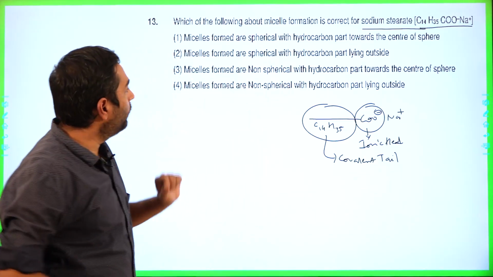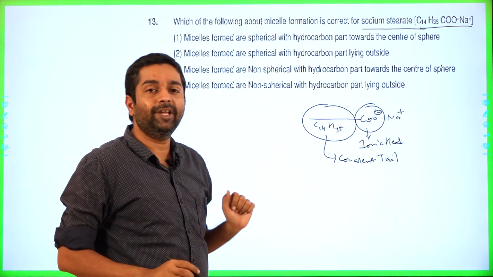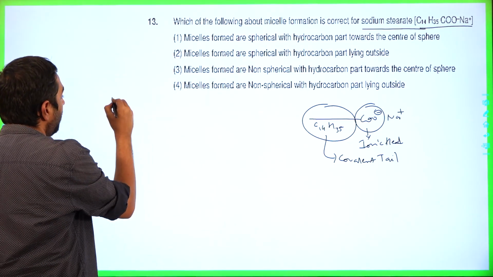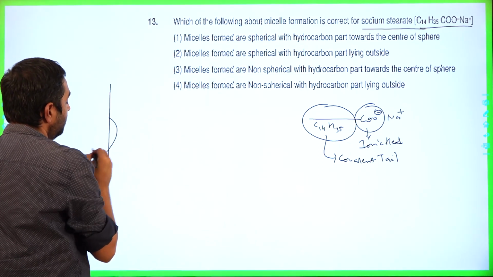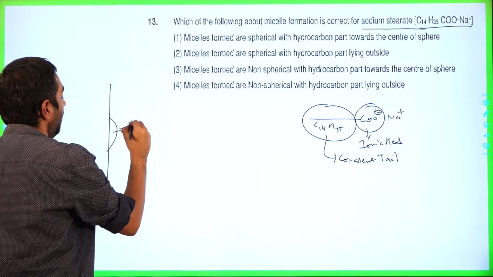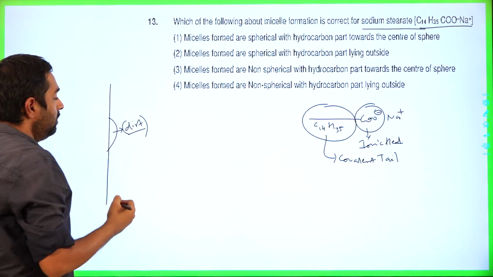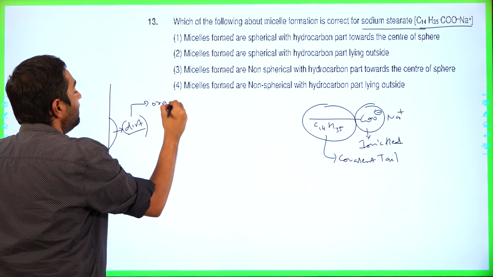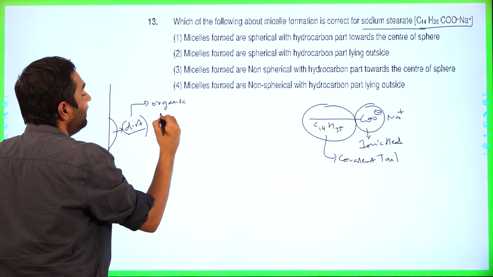Now, let me quickly talk about a micelle over here. When you are going to be having a micelle, what is going to be happening? I will be having a dirt particle. Let's say I am going to be having dirt on a shirt over here, or some item which is being washed. This dirt particle is generally going to be considered as some kind of organic dirt.